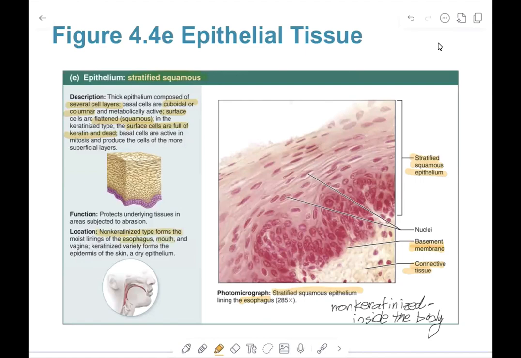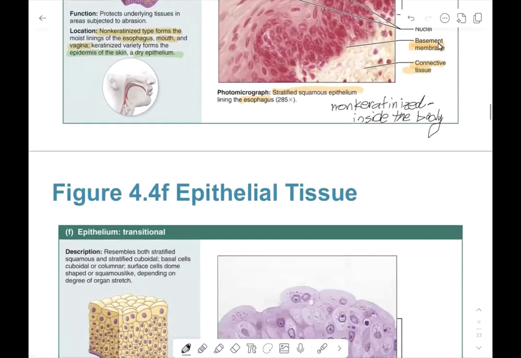It forms the esophagus, mouth, and vagina. But the keratinized type is going to be outside the body. So it forms the epidermis of the skin, which is a dry epithelium. So again, remember, keratinized is outside the body, and non-keratinized is inside the body.